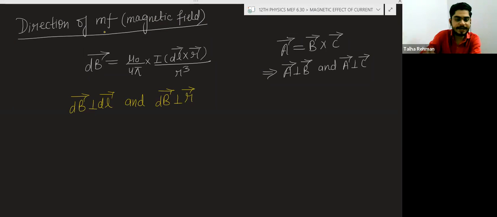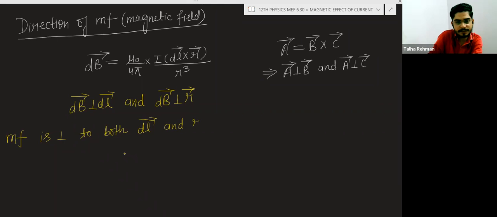So you can write the magnetic field is perpendicular to both dl vector and r vector.